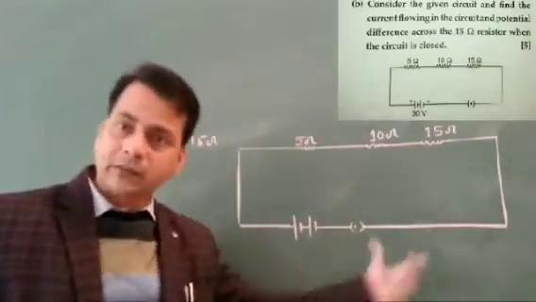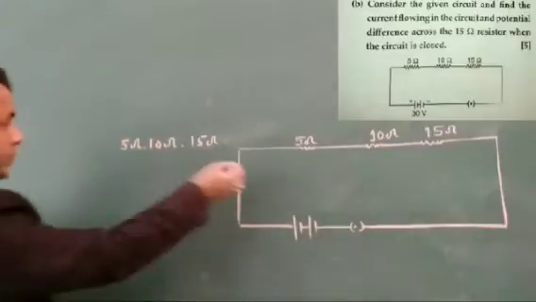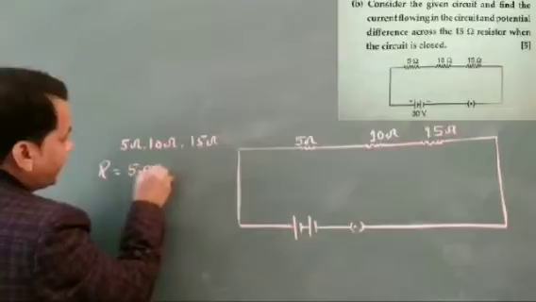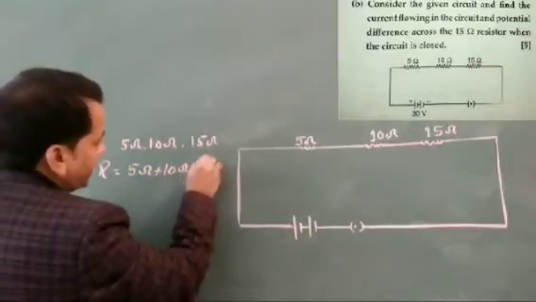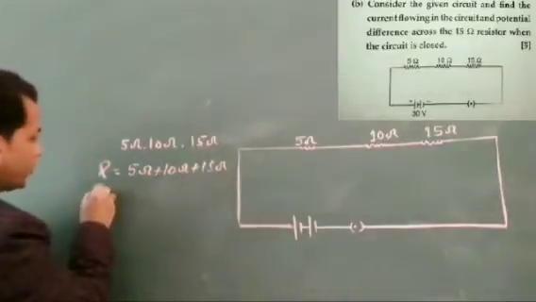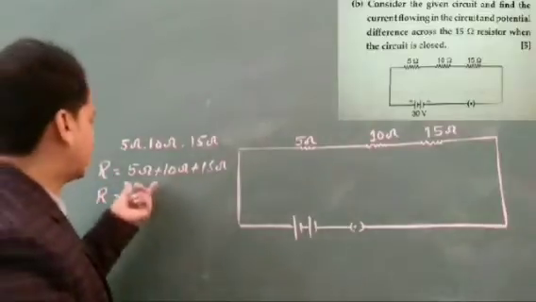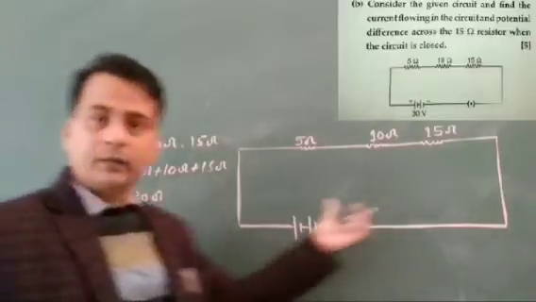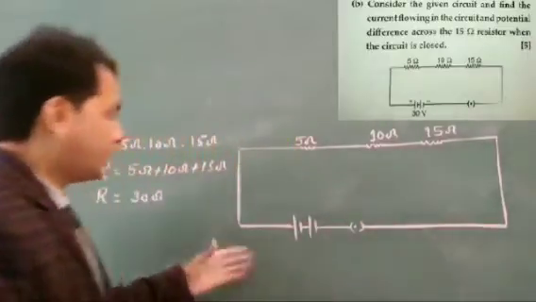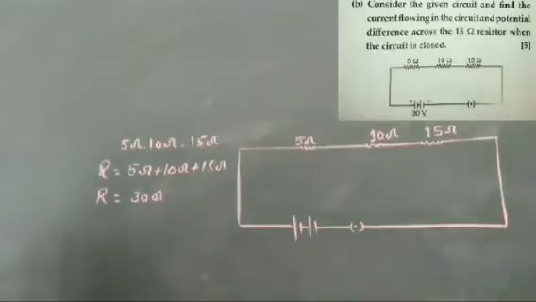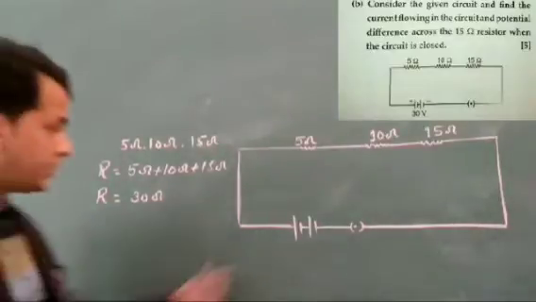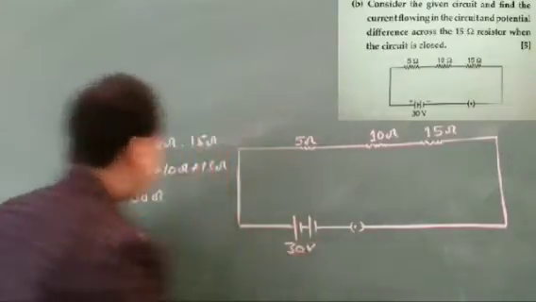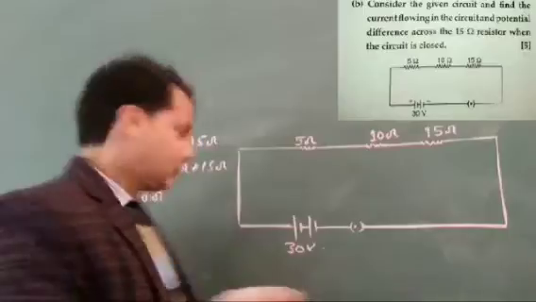So the equivalent resistance of this combination is R equals 5 omega plus 10 omega plus 15 omega, which is 30 omega in the circuit. The potential difference across this circuit is 30 volt.